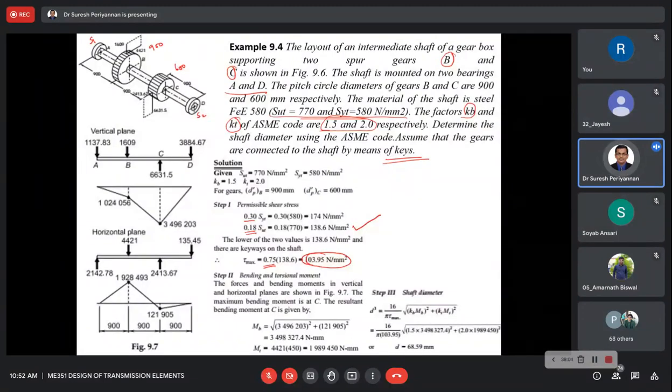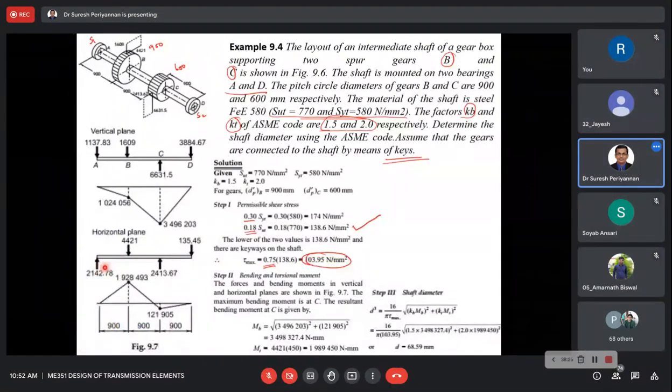In this problem, I would like to tell you one thing. We discuss gears and bearings in a separate topic, but here they have directly given the vertical load and the tangential load in the problem.